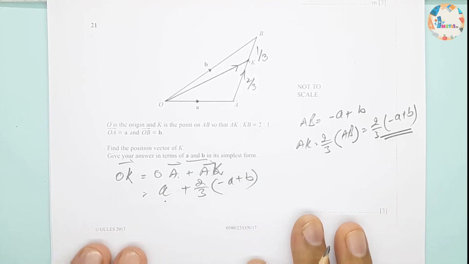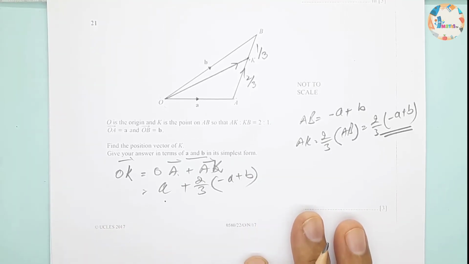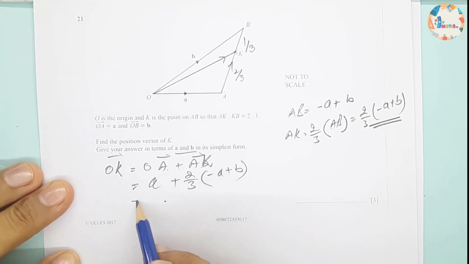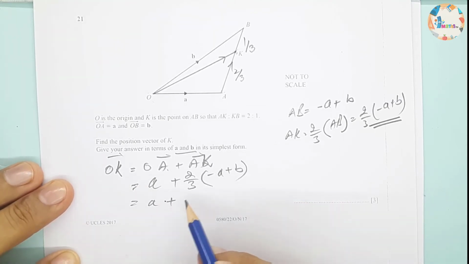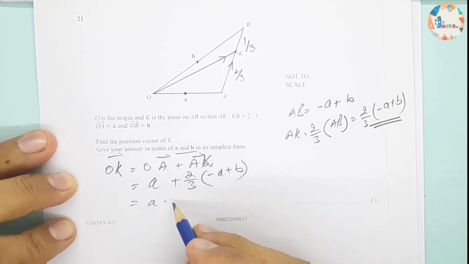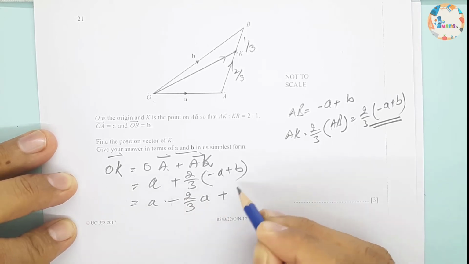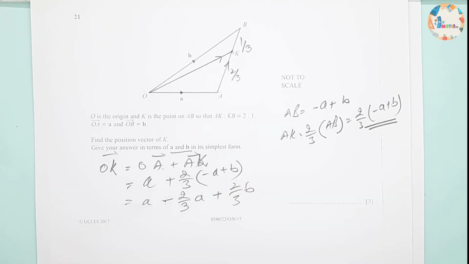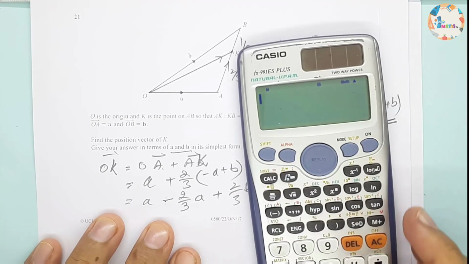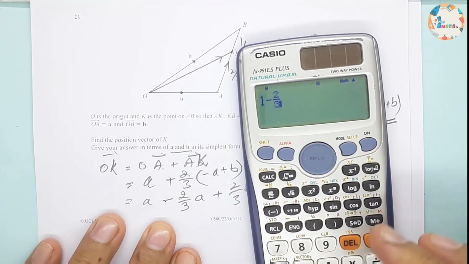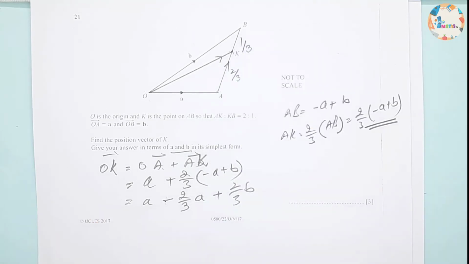Then we will open this bracket, and when we open this bracket, we will get A plus, basically this will be minus, because inside there is minus, so minus 2/3A and plus 2/3B. And when we calculate this, 1 minus 2/3 will be equal to 1/3.